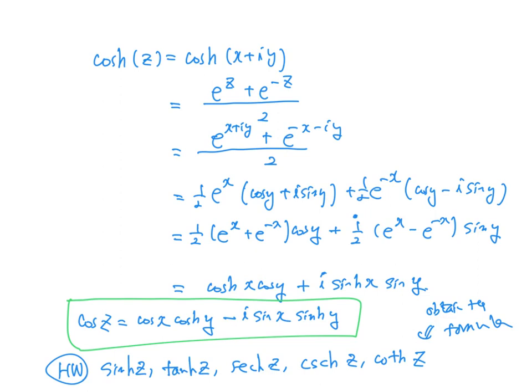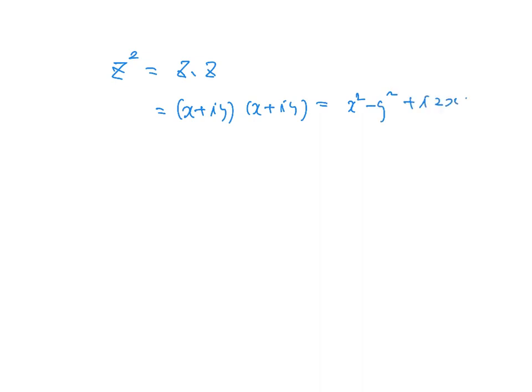So we have covered the complex functions, especially trigonometric and hyperbolic forms. And polynomials can also be easily defined. For example, polynomial z square: z times z, x plus iy, x plus iy, x square minus y square plus I 2xy, right?